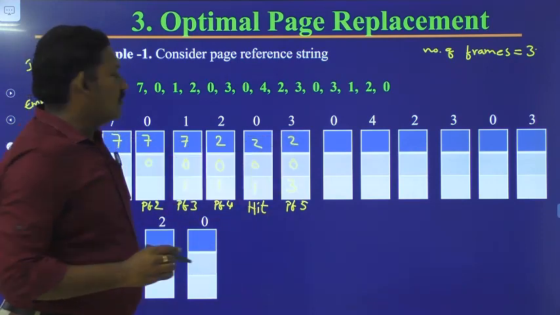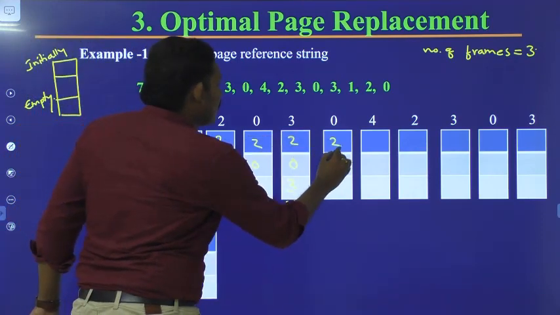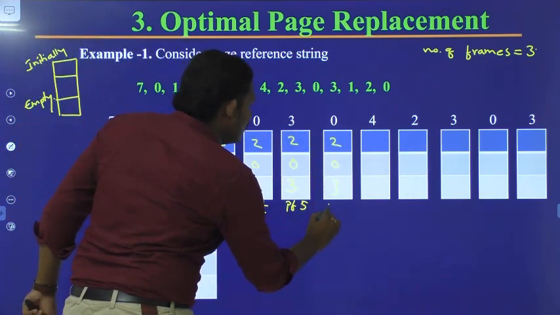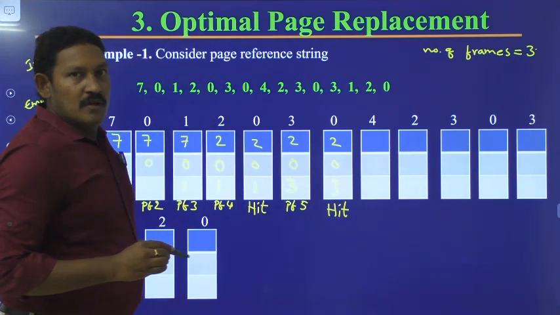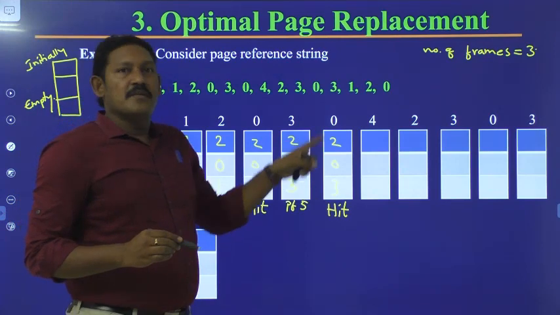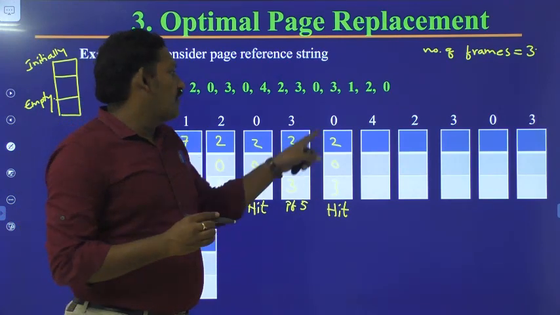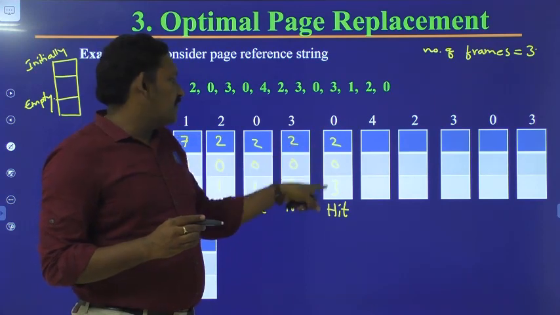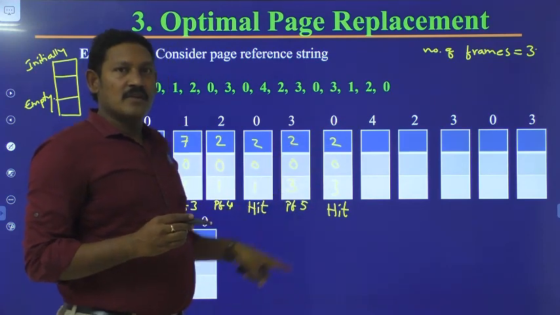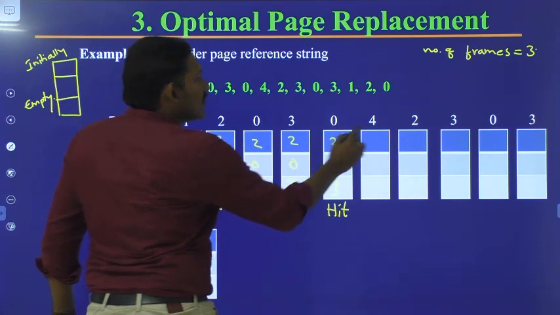Next we have 0. 0 is already there. 2, 0, 3. So again hit. Next 4. 4 is not available inside the main memory. So what we have to do? We have to insert 4 inside the main memory in place of any one of these 3. Okay. So in the near future what we are using?